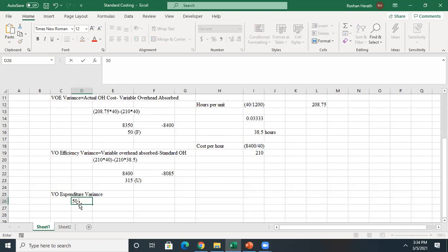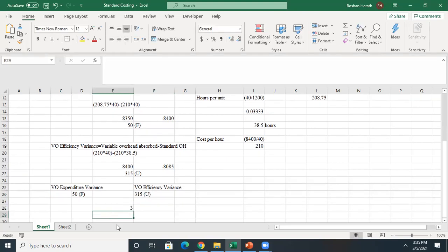It's 15 favorable. Now you have the variable overhead efficiency variance. It's 315 unfavorable. So once you consider that, the unfavorable is the greatest.